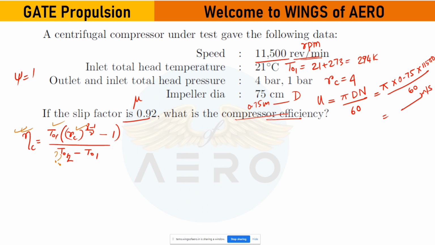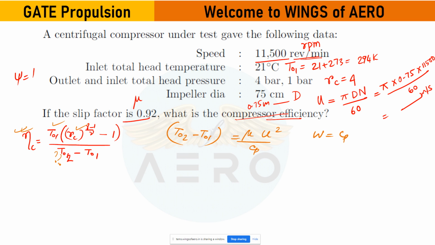Ma'am, T02 minus T01 is equal to psi mu U square upon Cp. Okay, T02 minus T01 equals psi mu U square upon Cp. Psi is not there, so we can ignore it. How did we get this?